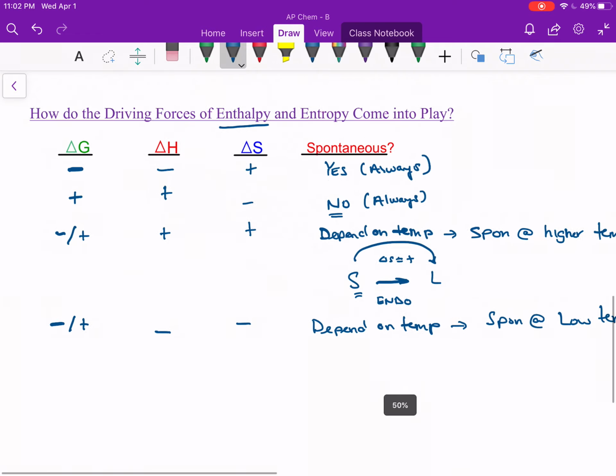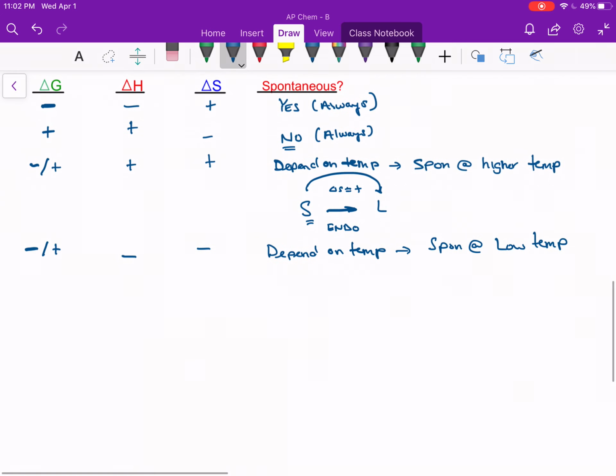Okay, so we can see that in this particular case, sometimes, no matter what the temperature, a process can be spontaneous or it can be non-spontaneous, but in other situations, it's going to depend on the temperature.